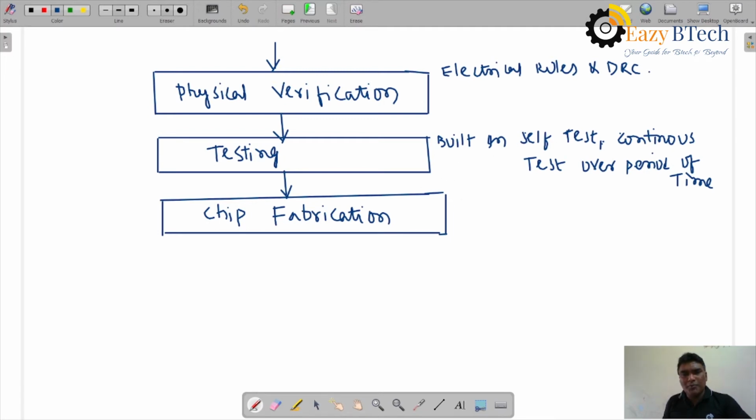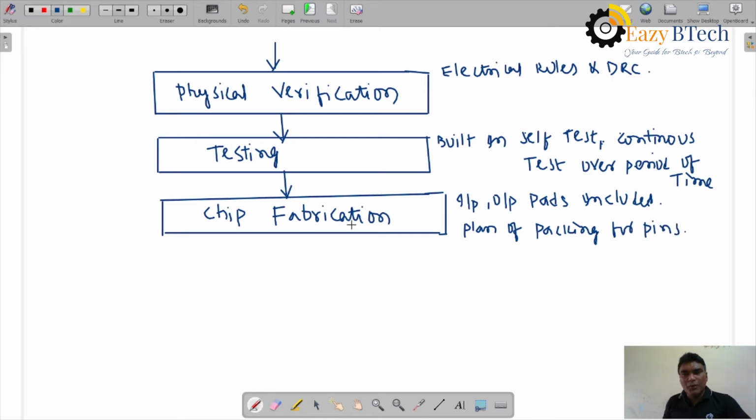So chip fabrication. Before submitting for chip fabrication, it will verify that the input output pads are included, and the plan of packing for the input output pins is verified.